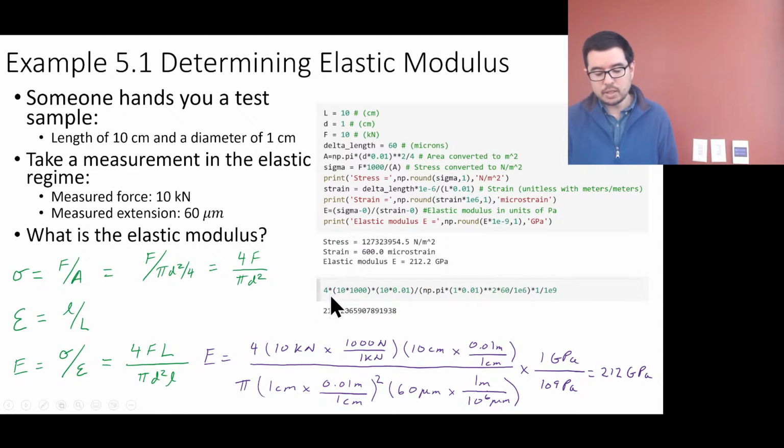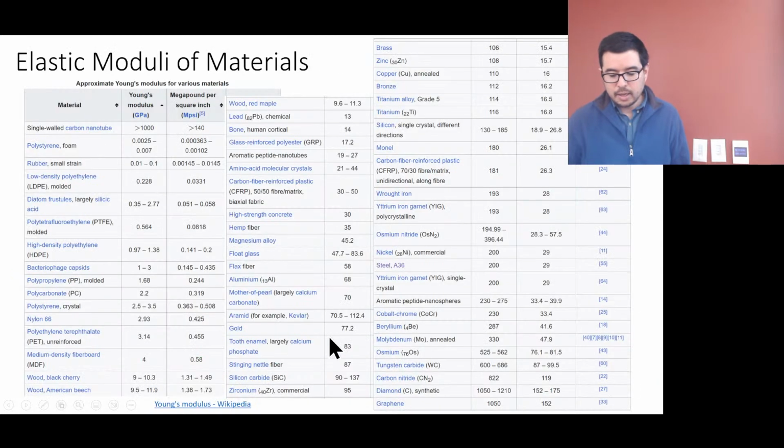But if you want to just jump right to the whole shebang, you write this out on your formula sheet or on your piece of paper, then you can just use IPython as a calculator. It doesn't matter, either way. But this lacks the variables, okay? So it's not as convenient as just being able to change the values here. Okay, so look at this chart.